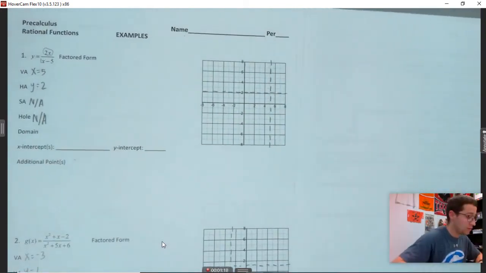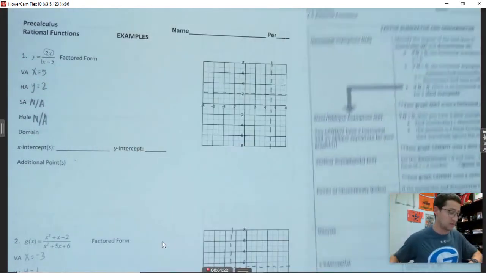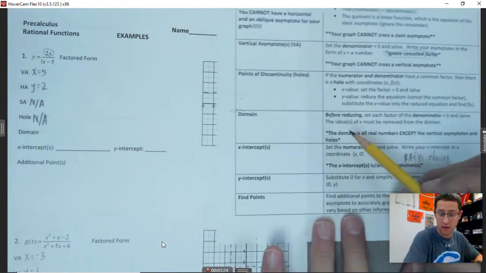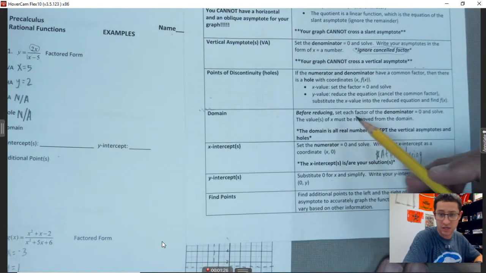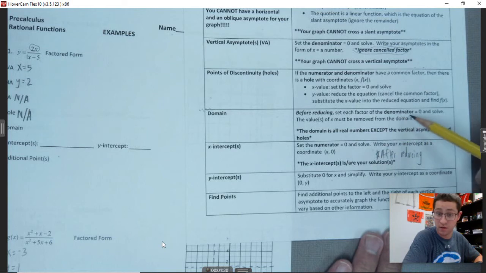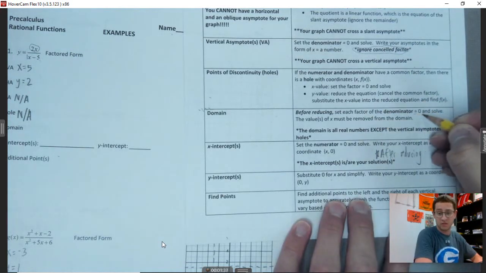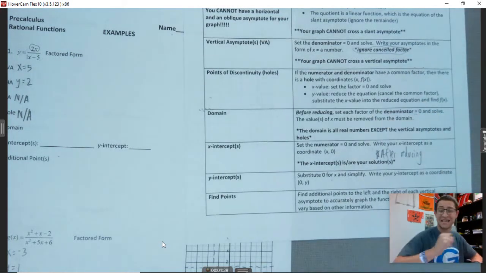Let's go ahead and start with the domain. The domain in our section here says before reducing, set each factor of the denominator equal to 0. Notice it's the denominator, and then you're going to take out those x values, when they're set equal to 0, those must be taken out of the domain.